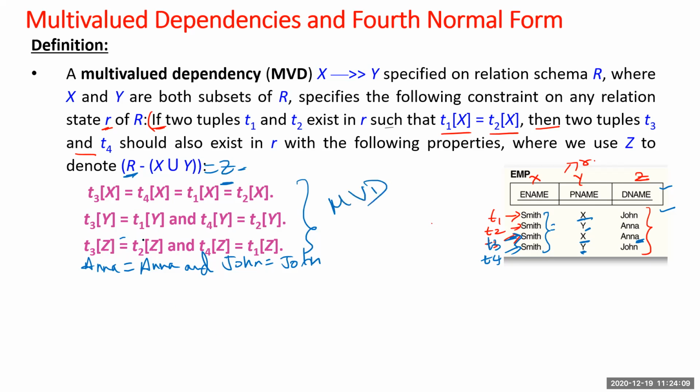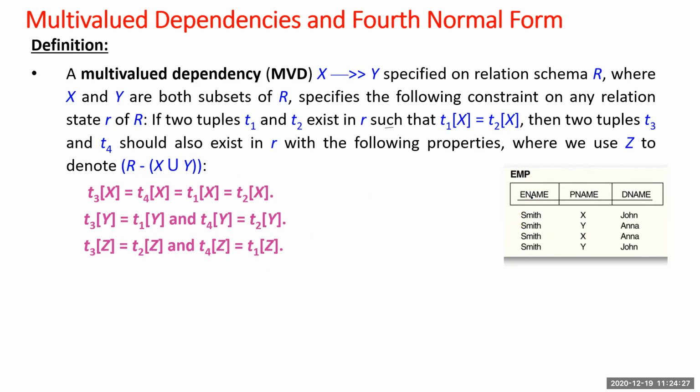By using these three, you can check that the multi-determined attributes, P name and D name, have been generated combinationally. That combination I'm checking here. There is no rule that the T1 order should go like this. For a given table, the order can change.